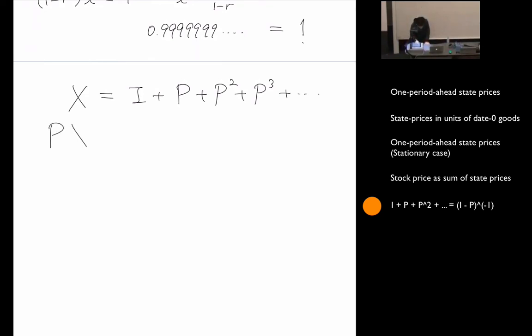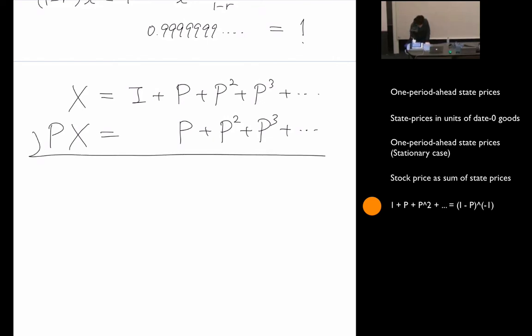Multiply P to X from the left, then it's P plus P squared plus P cubed and so on. Subtract, and (I minus P) times X is equal to I. And therefore, X is (I minus P) inverse. Yeah, that's it.